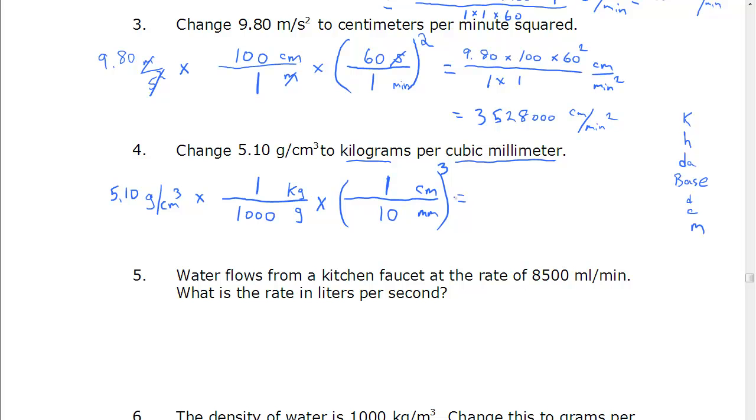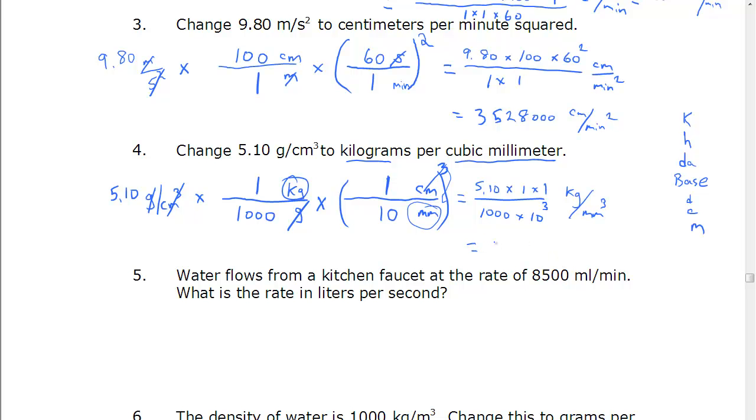And now we just multiply. The top is 5.10 times 1 times 1. The bottom is 1,000 times 10 to the power of 3. Grams and grams cancel. Cubic centimeter and cubic centimeter cancel, leaving kilograms up top and millimeters cubed on the bottom, which is what we wanted.